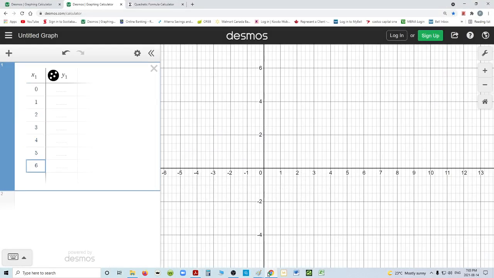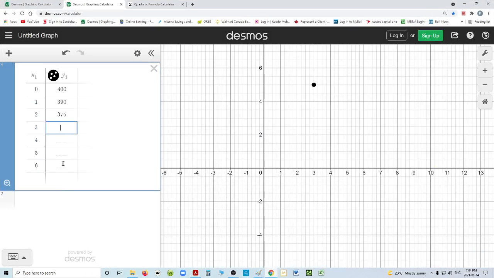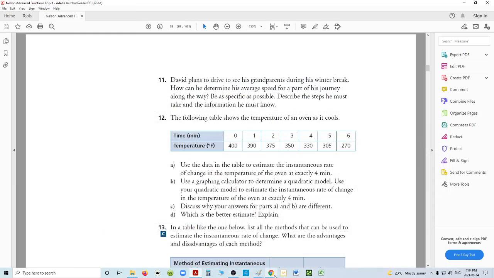Our data is going to be 400, 390, 375, and it's going to plot it for us on the board. And 350, 330, 305. And what's our last one? 270.